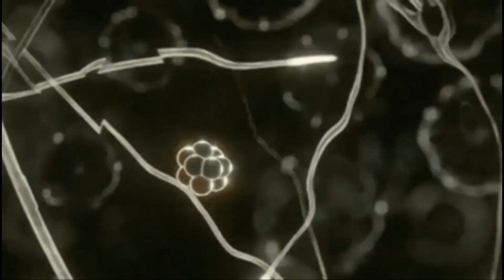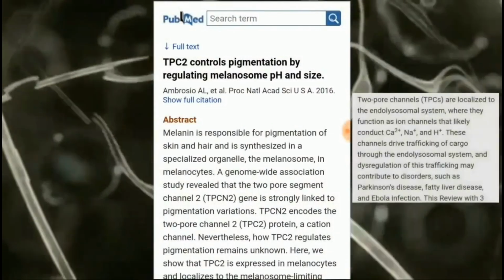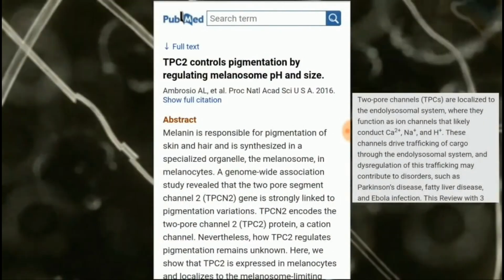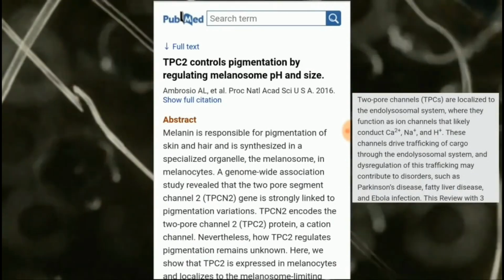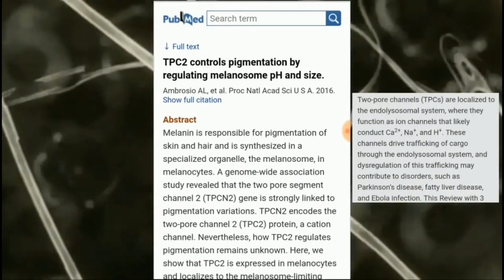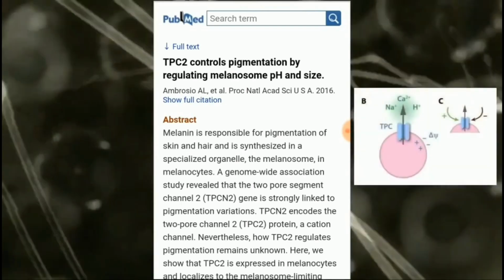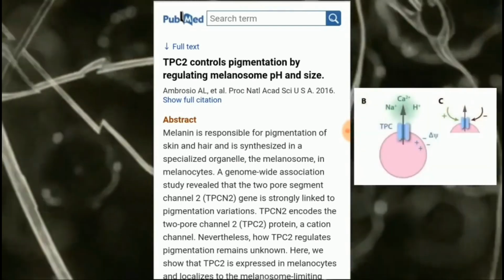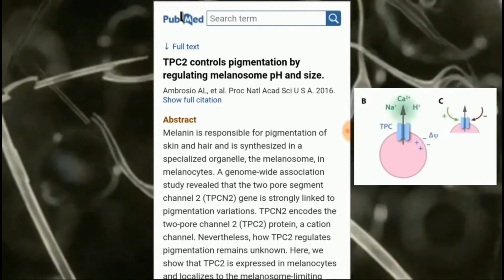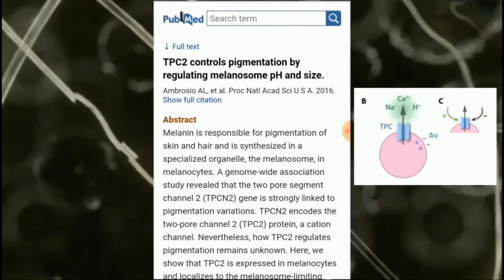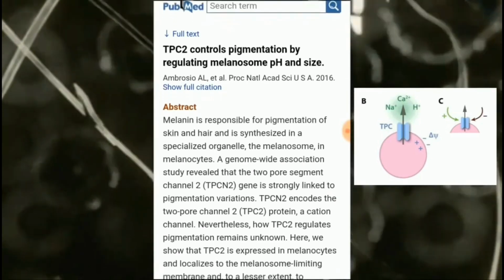Well, that's when you get into what's called TPC2, which TPC basically stands for two-pore channel. And that's dealing with the cells within your body. Each cell within your body has these two-pore channels. Literally, it is what it sounds like. It's two different elongated pores that poke into the cells, and they send ions made of calcium and sodium in and out of these cells in different directions.